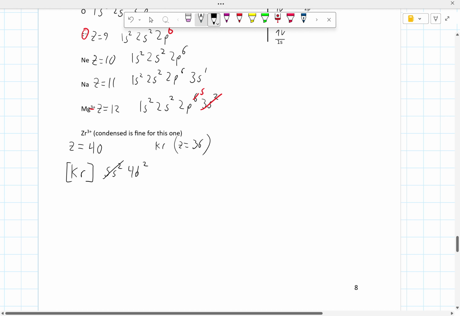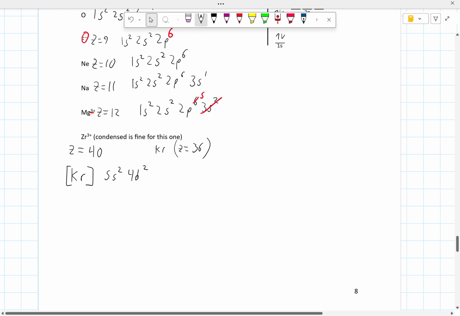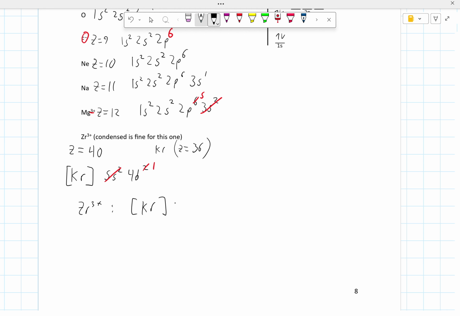Let's get rid of 2 of those. And then we also need to get rid of 1 additional electron that drops down to 1. Meaning that the final configuration for my zirconium 3 plus is krypton, then 4d1. Hopefully that helps.